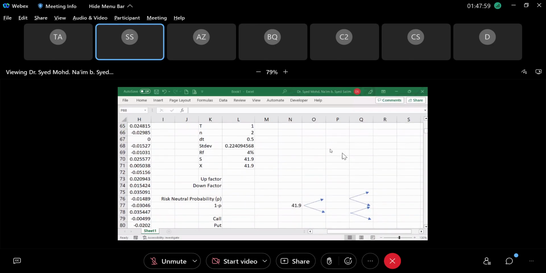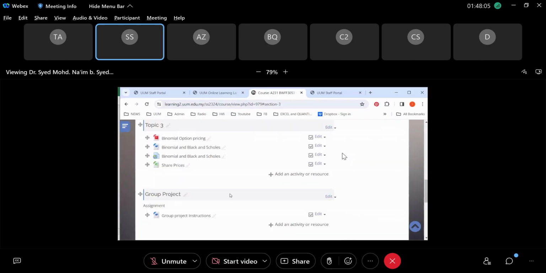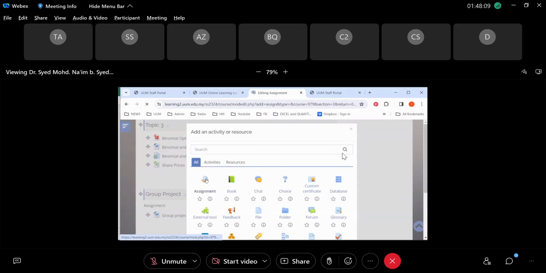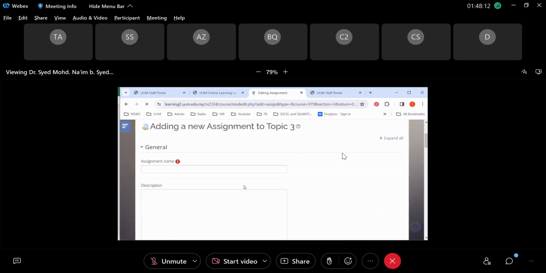We don't have time for discussion of this. So what I'm going to do is create a folder, and this is going to be your homework. Homework: option price.